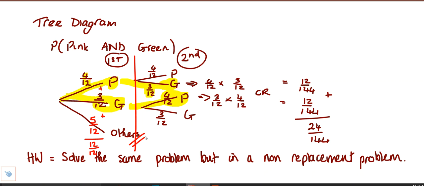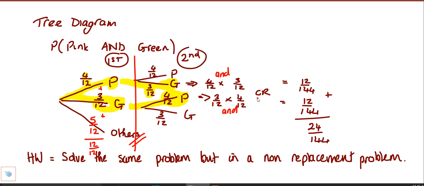We stopped here because I only want pink and green. I'm only taking 2 marbles, so as soon as I've got something that's not pink or green, I have to discount it. So I only wanted 2 routes, the pink followed by green and the green followed by pink. So I took the probabilities and multiplied, because that one is a pink and a green, and this one was a green and a pink.